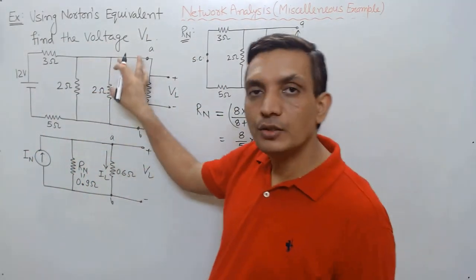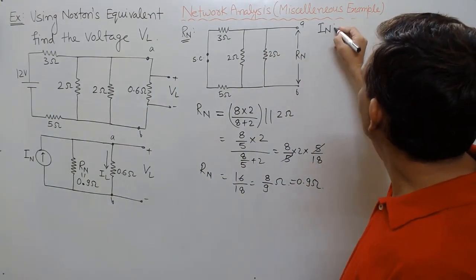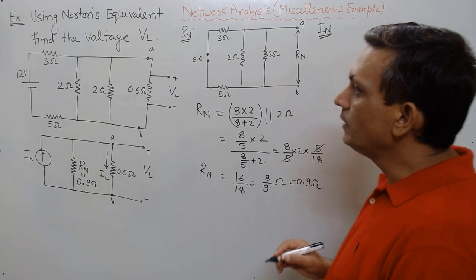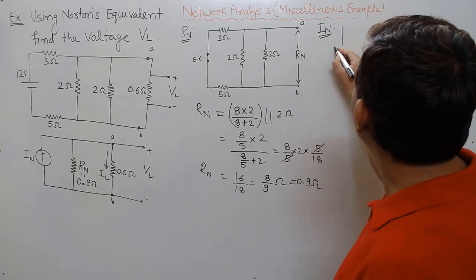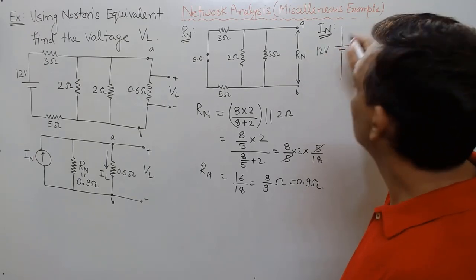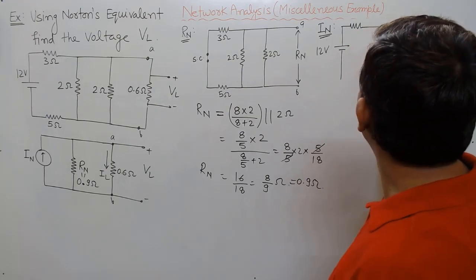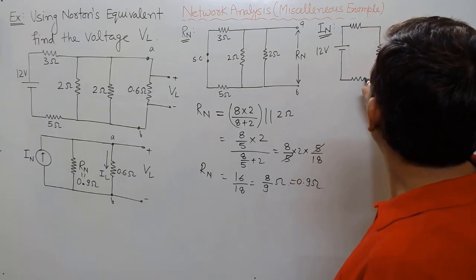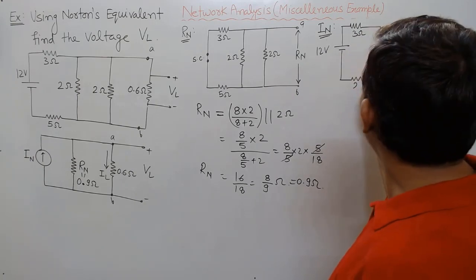IN is the short circuit current. So you know the equivalent for IN. So let us see. You have a voltage source, this is 12 volt. This will be 3 ohm, this is 3 ohm, this will be 5 ohms.